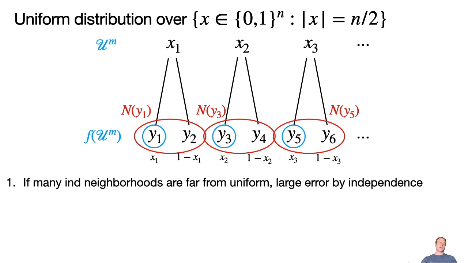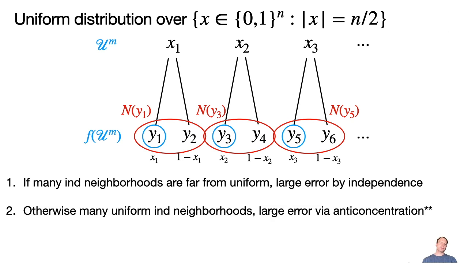Now when we move from bits to neighborhoods, we repeat our plan. If I can find many independent neighborhoods that are far from uniform, we can do what we did in the n/3 case, and show that there's a large error by independence. Otherwise, there are many uniform independent neighborhoods, and we can get a large error via anti-concentration.